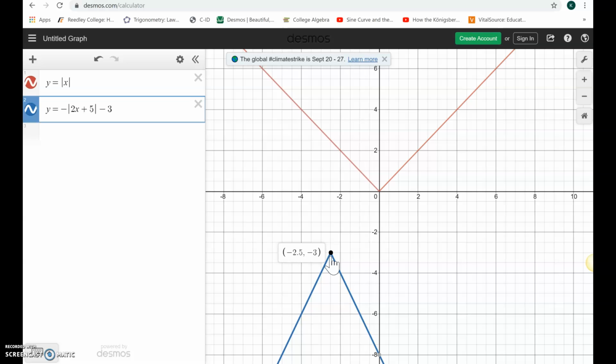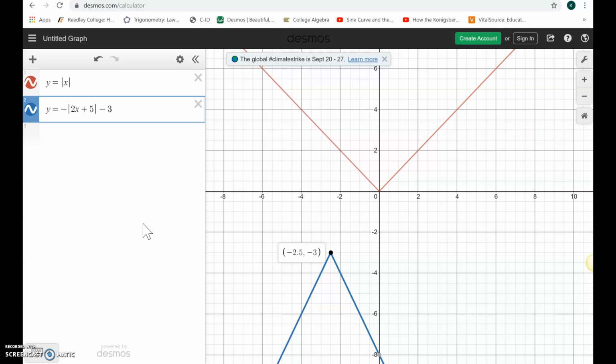It's going to actually move it 2.5 units to the left. And then that -3 is responsible for shifting that basic graph. Instead of being on the x-axis, it got shifted to the left, and then that -3 moves it 3 units down.